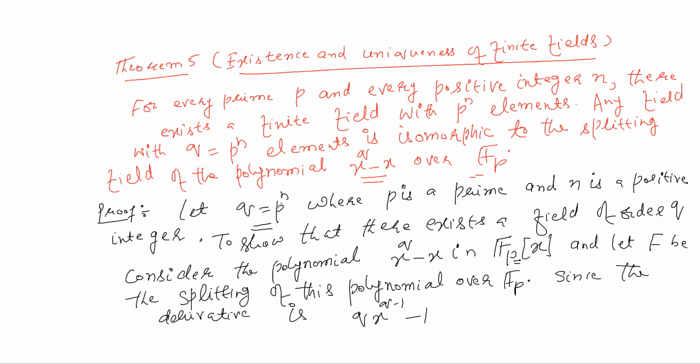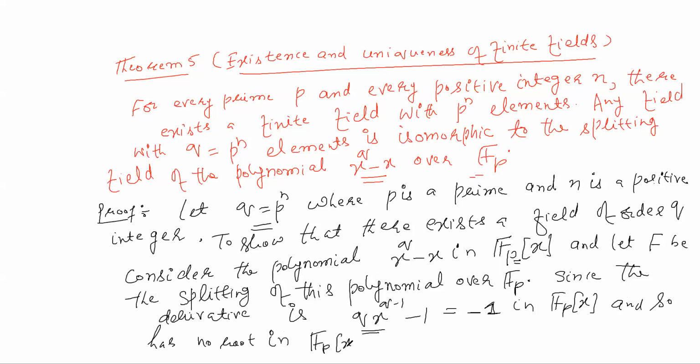And q is p raised to power n, so in F_p this becomes 0, so you get that the derivative is minus 1. So it's a constant in F_p[x]. The derivative of this polynomial is a constant polynomial, so it has no common root with the polynomial. Therefore this polynomial is separable, or you can say that all the roots of this polynomial are distinct.